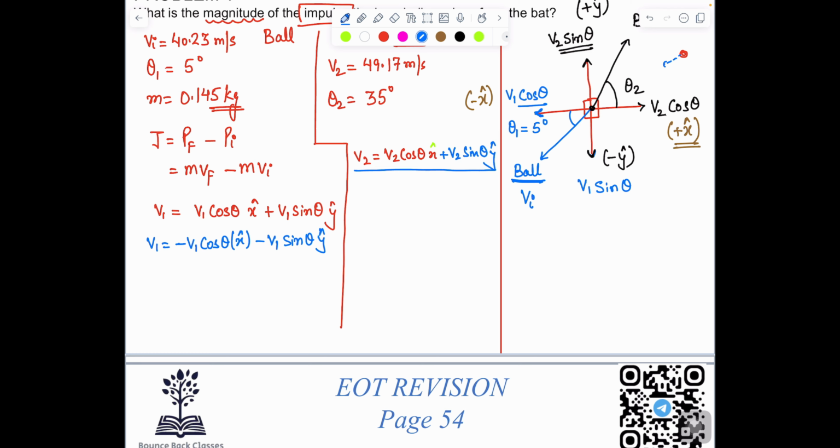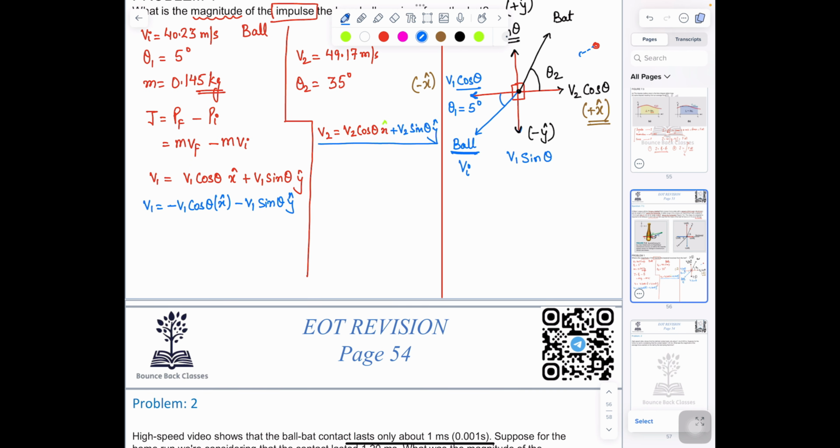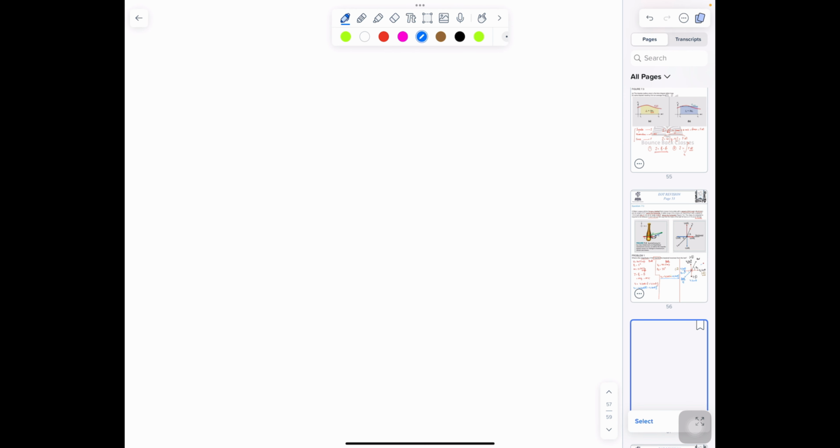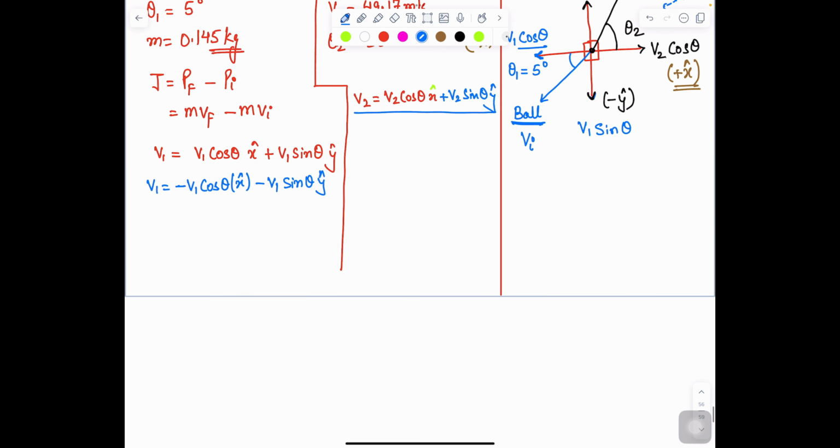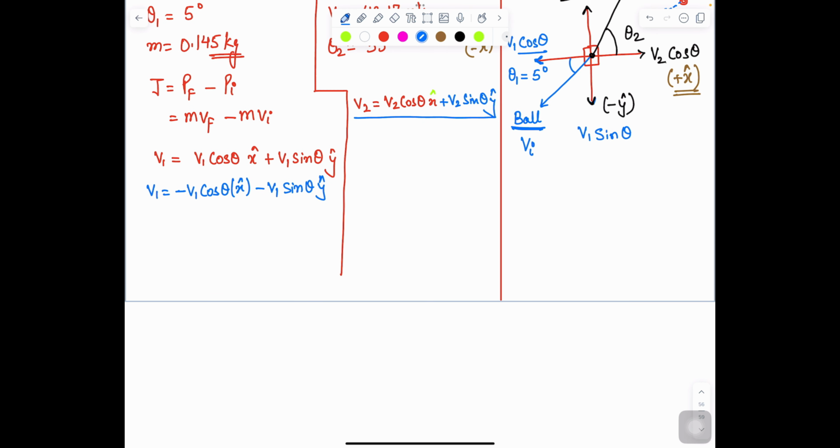So what we are looking for, just add a page so that I can explain in a good way. Okay, now guys, what are we looking for? We are looking for J. So for J, I need m times V final minus V initial.